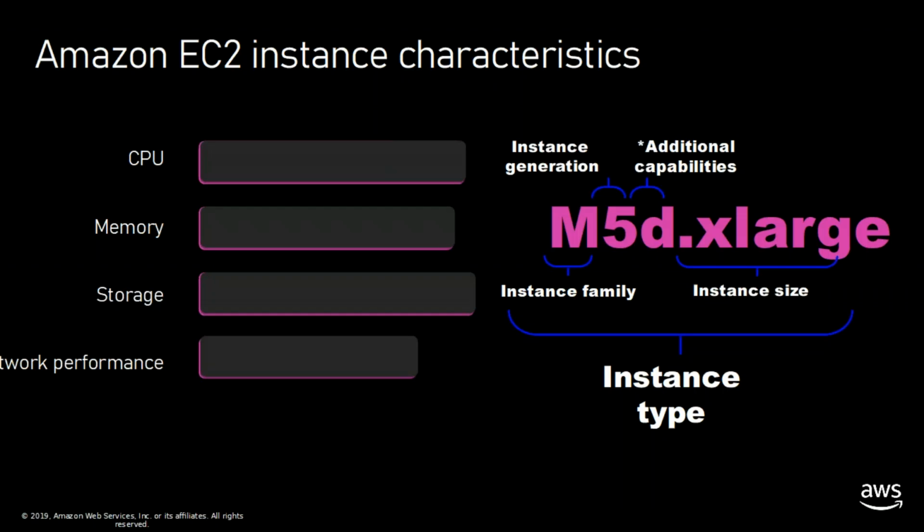M stands for the instance family, so we have the M family. The 5 stands for the generation, so it's a 5th generation. D is additional capabilities. And xlarge is the instance size. All this together is the instance type. So the instance type will be based on the specifications that you require.